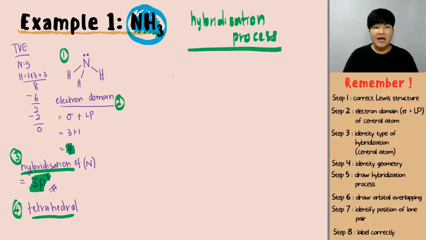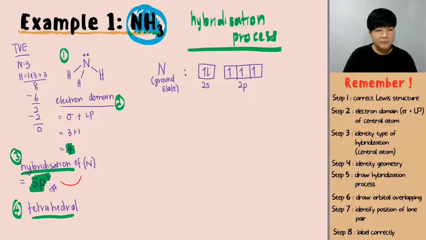As always, the hybridization process will start with the nitrogen central atom, ground state, knowing that the valence electrons of nitrogen are located in 2s2 and 2p3. Next, since the hybridization of nitrogen is sp3 only, and knowing that n equals 2 over here, we're not having any d orbital.